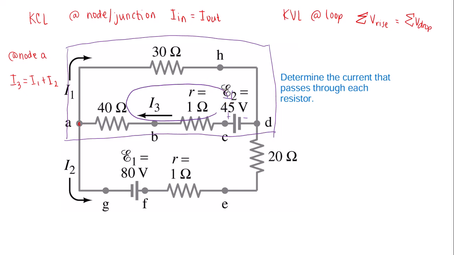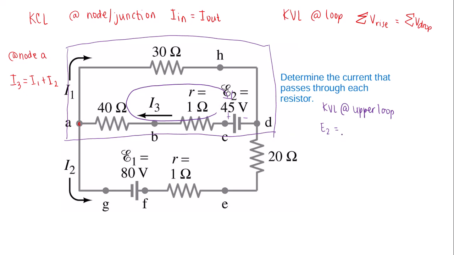Now, KVL at this loop. KVL at the upper loop: the summation, the one causing a voltage rise, is our battery, equal to those components causing a voltage drop.